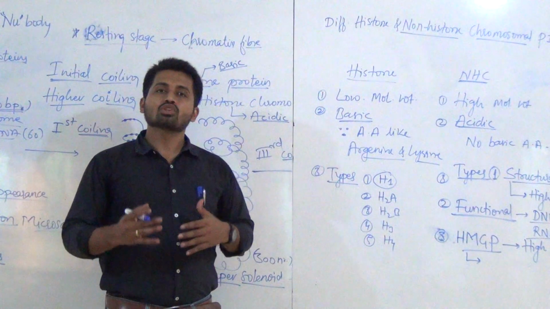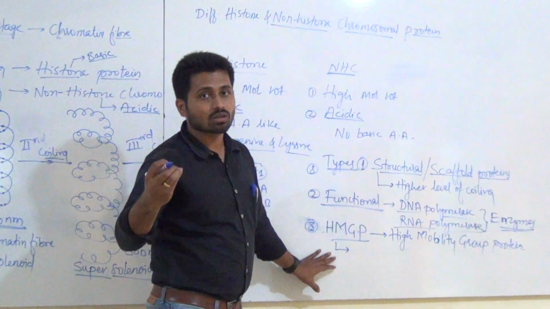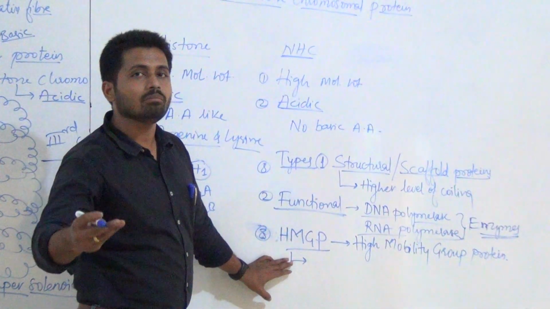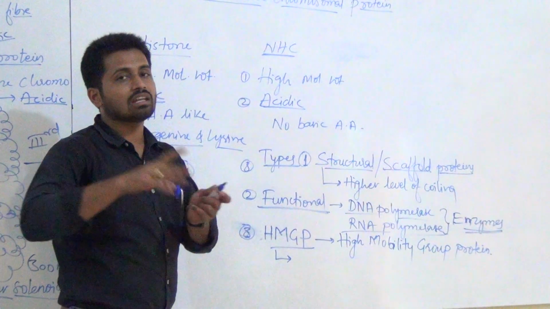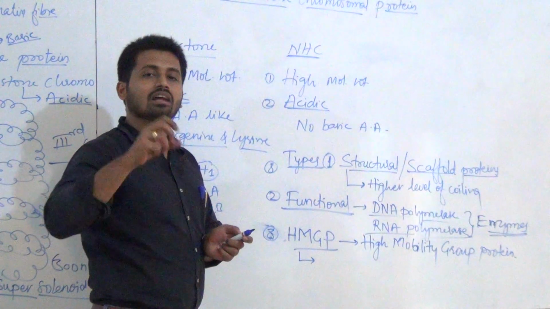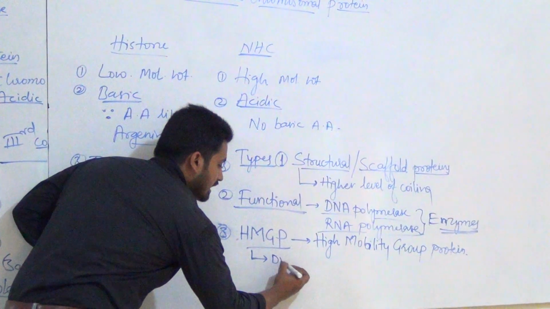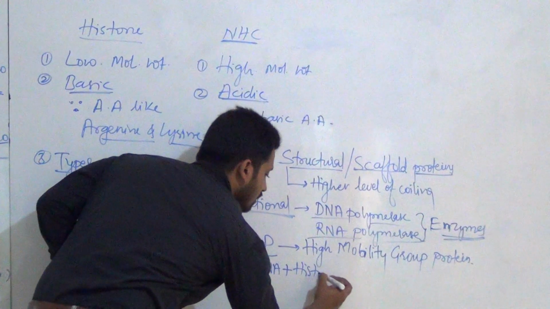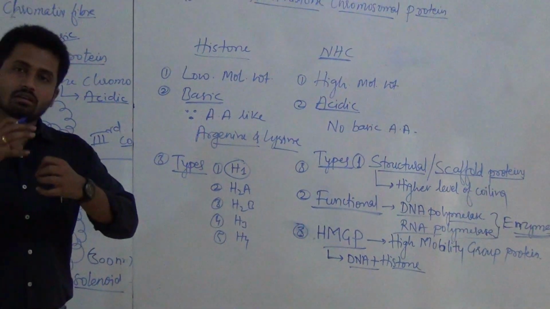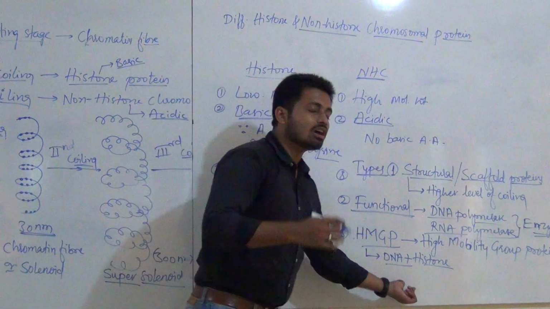So how are transcription and translation going to occur? From DNA, RNA is formed, that process we call transcription. And from RNA, protein is formed, that is translation. For transcription to happen, the DNA and histone are in combination. Histone is attracting the DNA due to opposite charge, and there is a strong packaging between them.